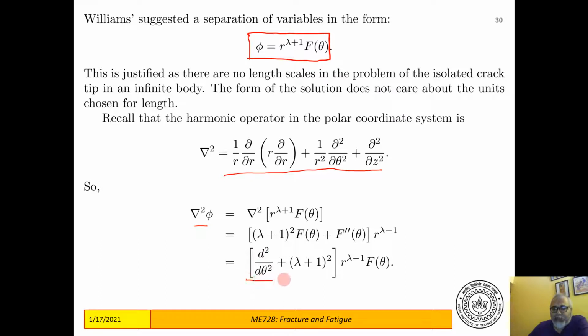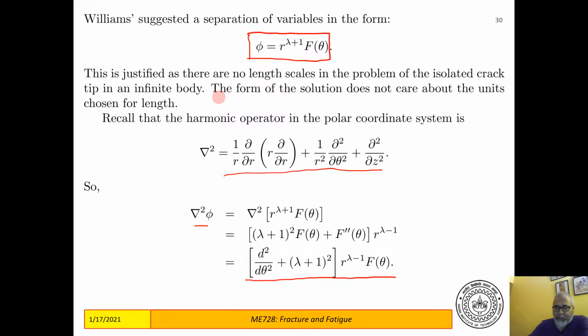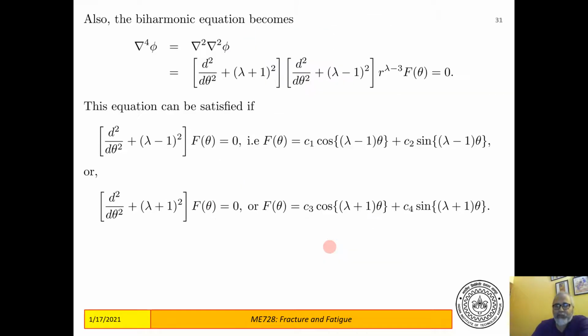Del square phi can be written in this form, and del 4 phi, which is del square of del square phi, the del square operator already becomes this, so you apply this twice. So the del 4 phi is this, which is now a fourth order ordinary differential equation in f theta.